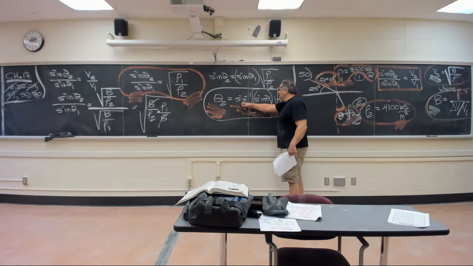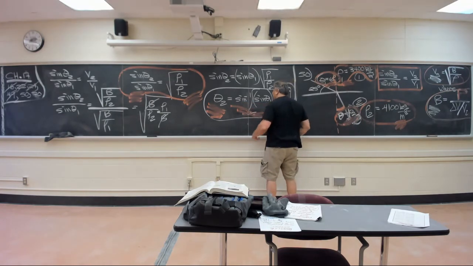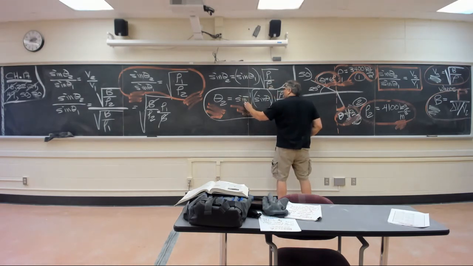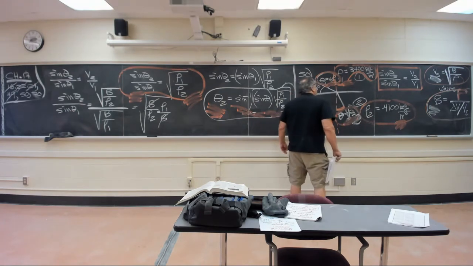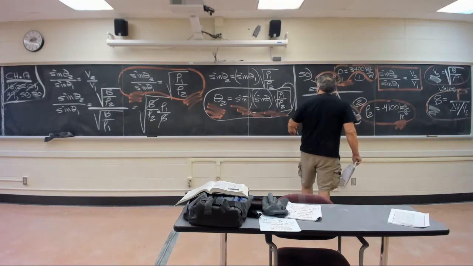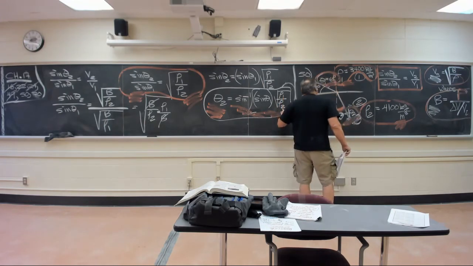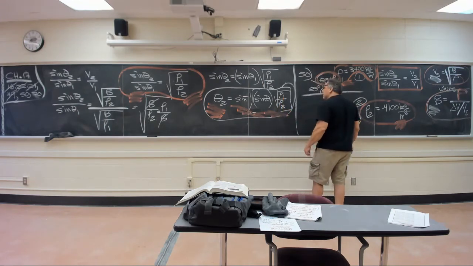The inverse sine of the product of the sine of 65 degrees times the root of the ratio 3,400 divided by 4,100, square rooted.